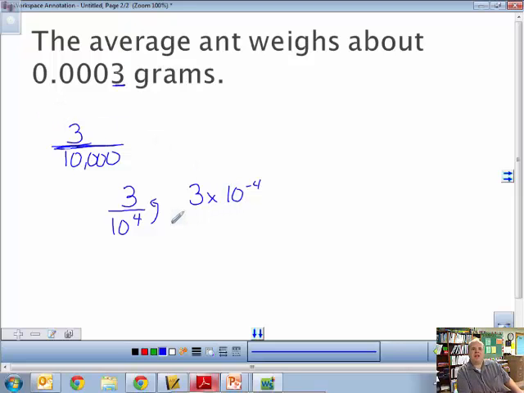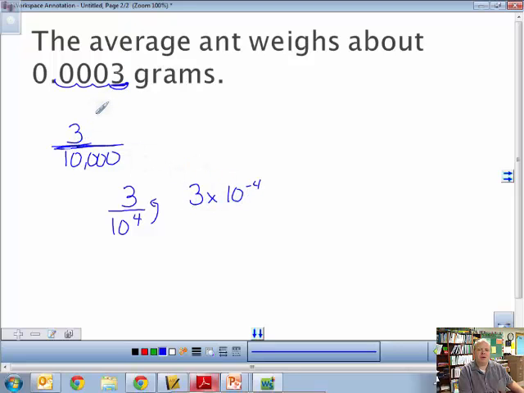The other way I could have done this as well is I could have taken my decimal and I could have gone 1, 2, 3, 4 to where I have just one number in front of the decimal. Okay, and I make that my exponent. So if I want to write this in the power of 10, I'd go 3 times 10 to the negative 4th. Why?